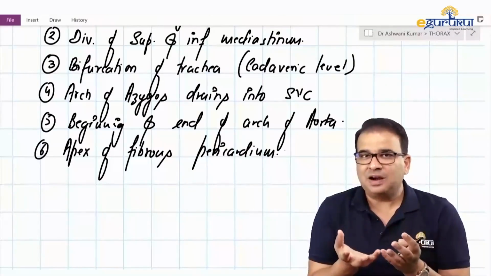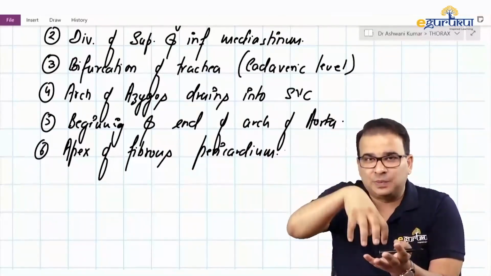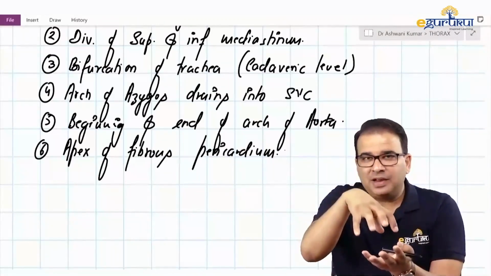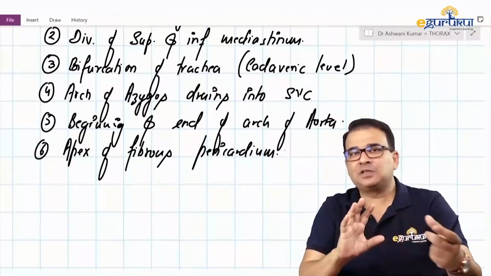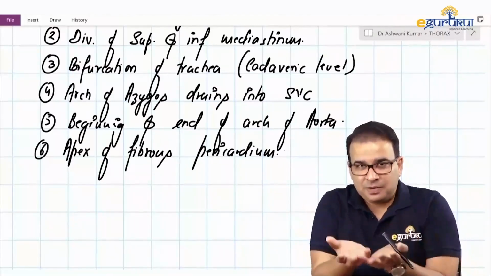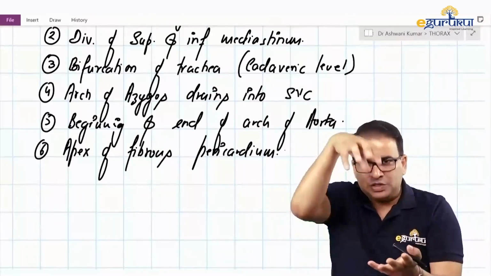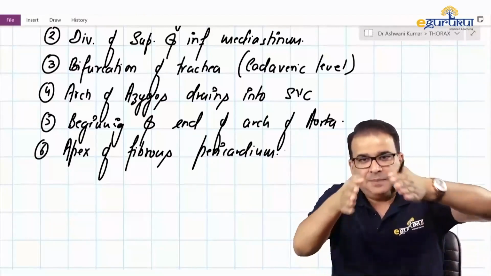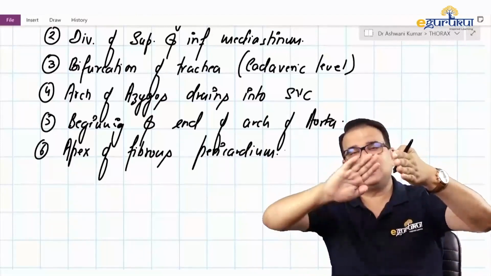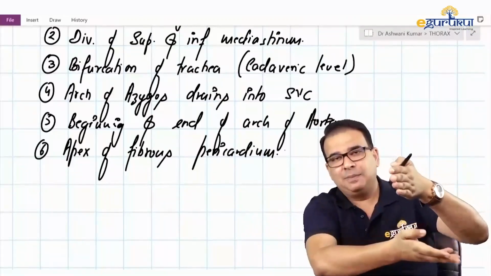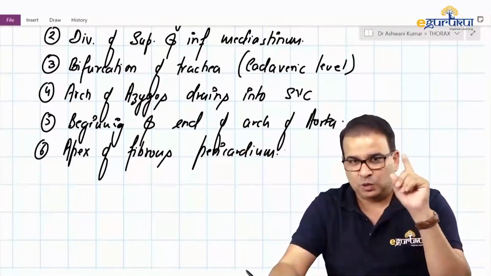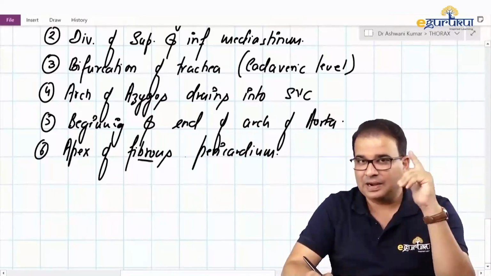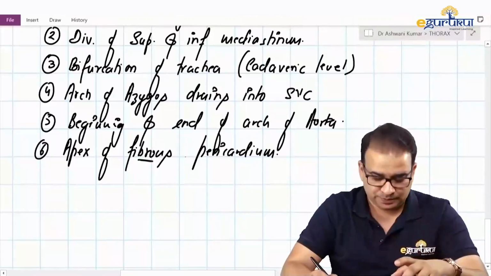But the fibrous pericardium is like a pouch in which the heart is placed. For the fibrous pericardium, the base and the apex of the heart don't matter. The base of the fibrous pericardium is below and the apex is above, unlike the heart, which has the base behind and the apex more toward the left side. So the apex of the fibrous pericardium also reaches the level of T4.